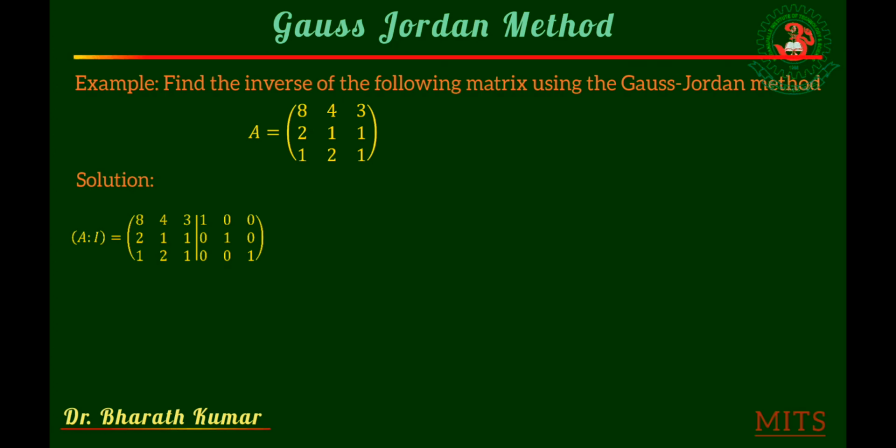First, check whether the first row and first column element is 1 or not. If not, we need to divide the entire row by the same element, or we can swap with another row whose first element is 1. Here, we have 1 in the third row, thus we can swap third and first rows by using the operation R13. After making the first row and first column element 1, we need to make the elements below 1 zeros.